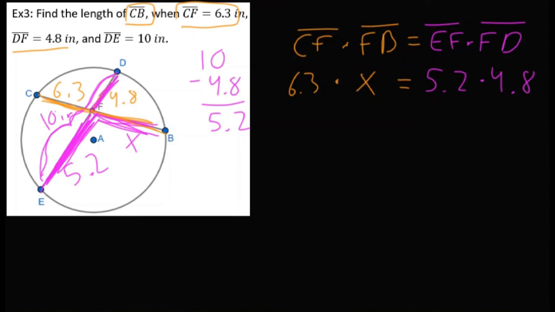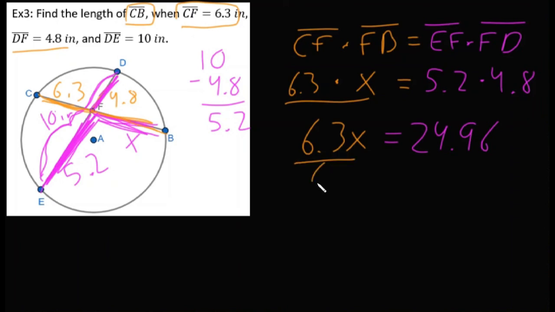Well, now let's go ahead and start simplifying some things. So I see right here 6.3 times X would just be 6.3X. And I also see that right here, let's see, 5.2 times 4.8 would give us 24.96. And so now we want to go ahead and get the letter X by itself.